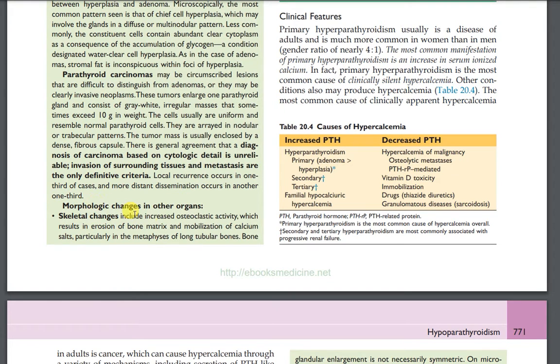Morphologic changes in other organs. Which changes do we expect with increased parathyroid hormone secretion? Of course, skeletal changes. You remember, normally in a bone we have this process where osteoblasts produce the bone, osteoclasts resorb the bone, and then resorption of bone is followed by bone formation.